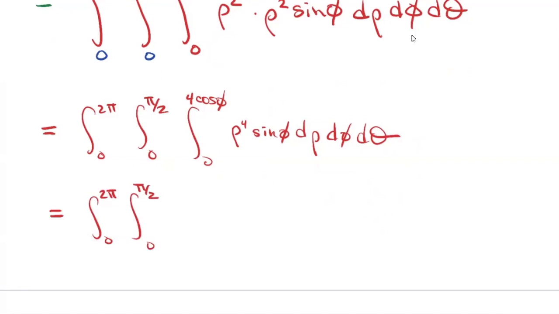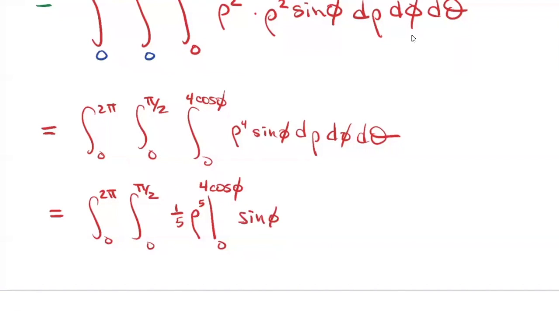I'll leave it. So taking the first antiderivative, you have 1/5 rho to the 5th, where rho goes from 0 to 4 cos phi, which sounds terrible, except there's a sine phi right here, which is going to take care of our differential.